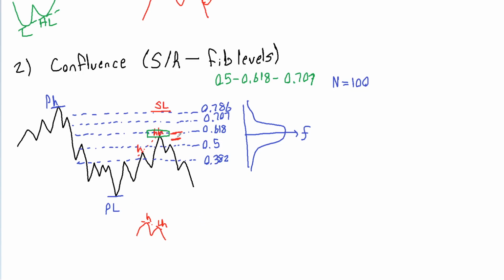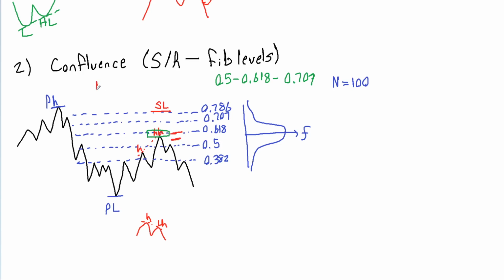I would have at least a 1-to-1 risk to reward in most cases. And so that's a good setup that I'm looking for right there, and how I would use fib levels as confluence. And I can show an example of these when we go to the real charts in just a second.